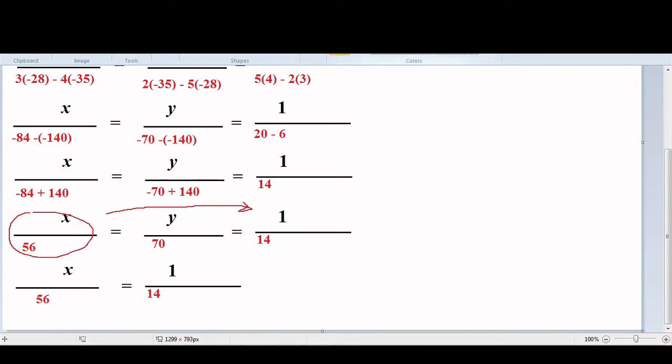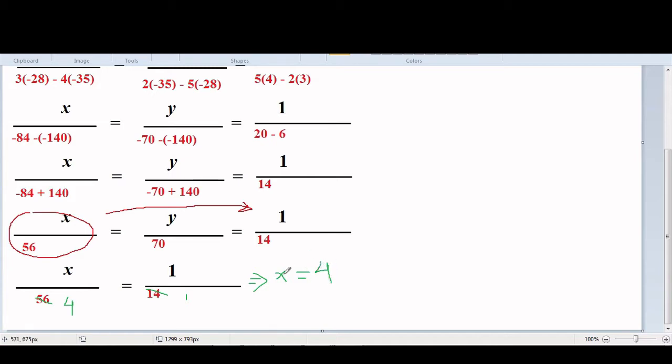Now you can see over here, by comparing, the value of x will be how much, and 14, you already know that when 14 multiplied with 4 you will get 56. So here in the denominator it will be 1 and it will be 4, and by simply comparing you will get x equals to 4.